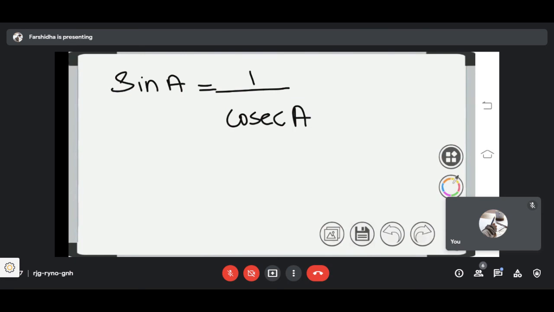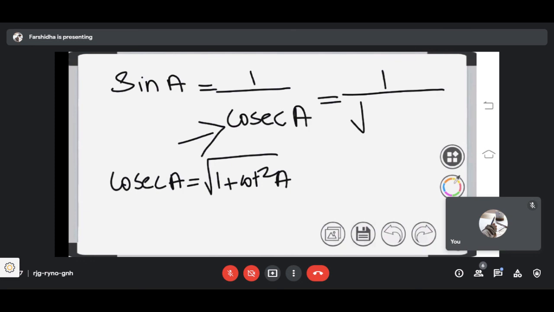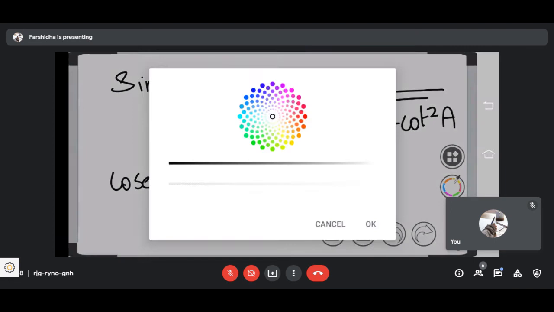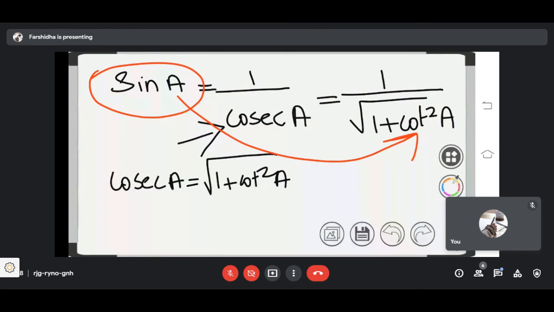Just now we got cosec A is equal to root of 1 plus cot square A. So I'm replacing this cosec A by root of 1 plus cot square A, giving 1 by root of 1 plus cot square A. Now I have represented sine in terms of cot, which is what the question is asking.